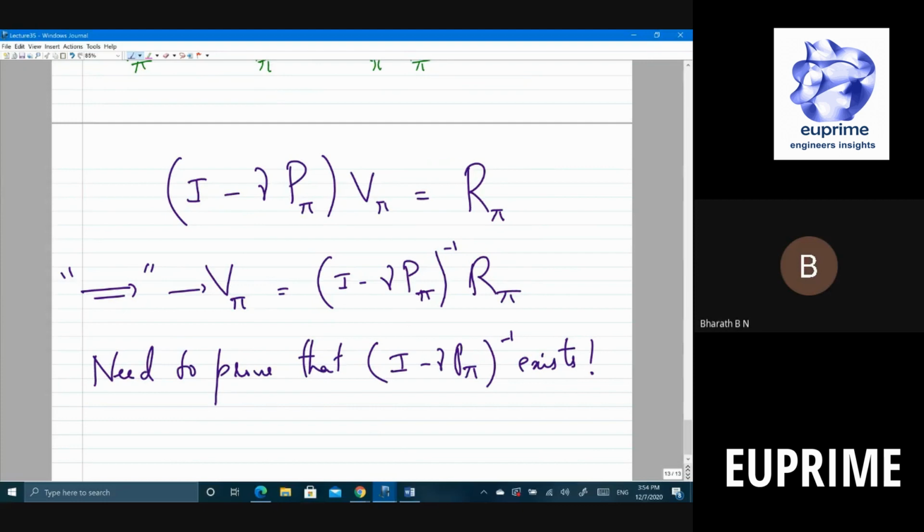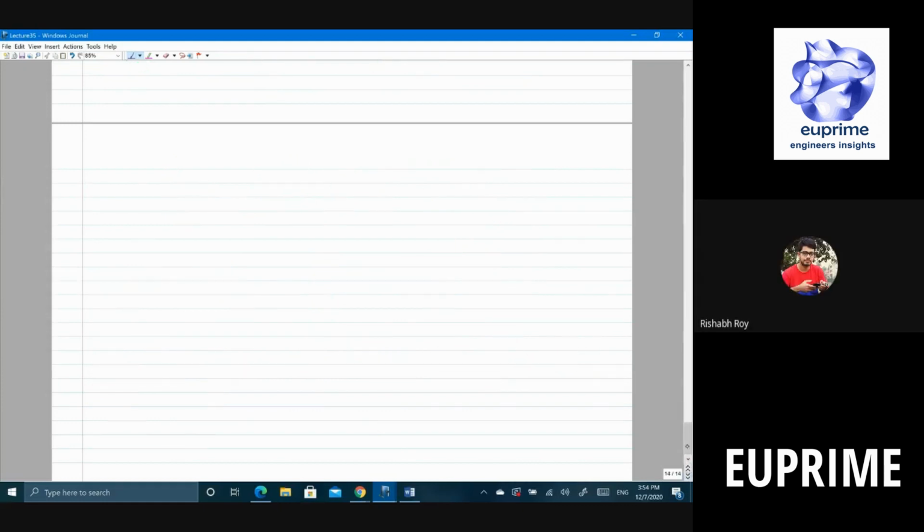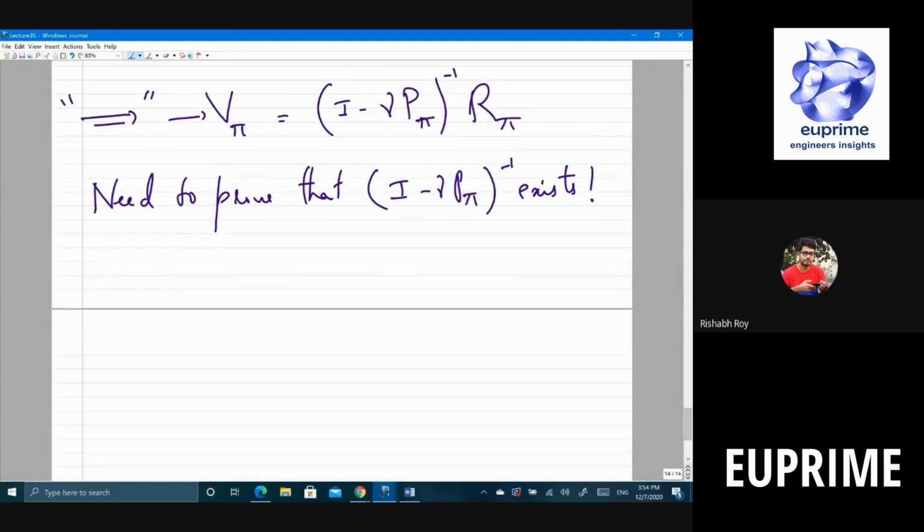Sir, maybe determinant not equal to 0. Well, what is the determinant of, let's say, an infinite matrix, for example? Sir, you can look at the eigenvalues. Even if finite, the determinant is one, but you cannot. Is there any other way?